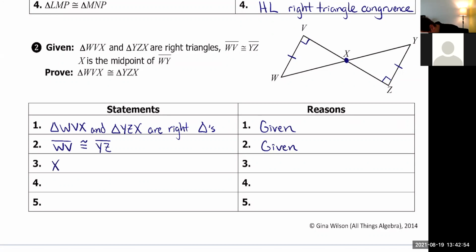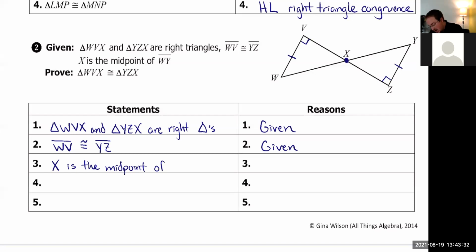And X is the midpoint of WY, which was given. Now, as I think about each of those statements, we've already used the fact that they're right triangles. That let me put in my little right angle indicators. And there's not much more we can say about these two segments being congruent. They are just congruent. But have we used the information from X being a midpoint yet?